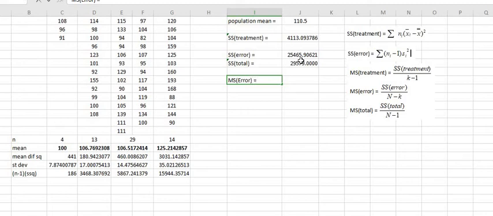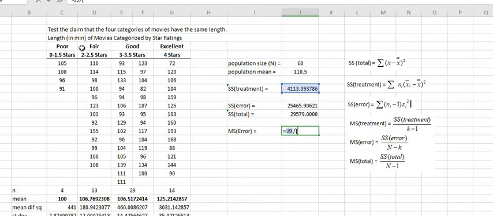So that is equivalent to, so SS treatment, we have this one, so equals SS treatment divided by, we will write open parenthesis, K minus 1. So what will be our K? There are 4 groups, 1, 2, 3, 4. Poor, fair, good, excellent. So 4 minus 1. Okay, so equals, that is our MS error.